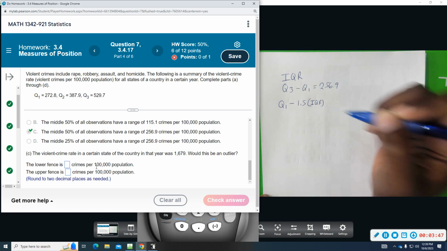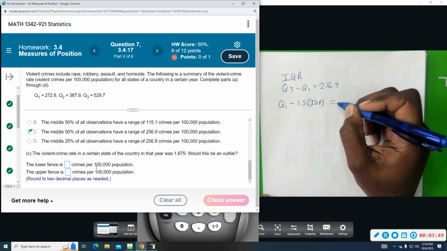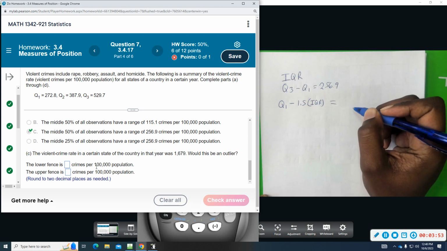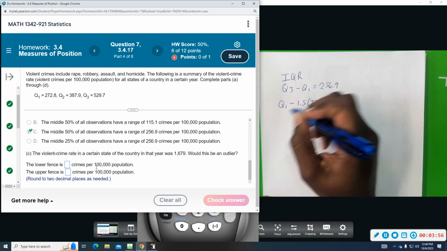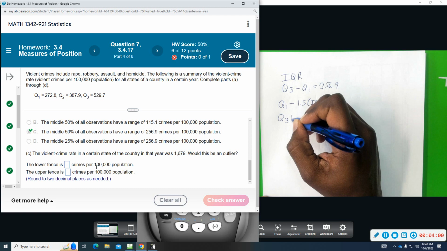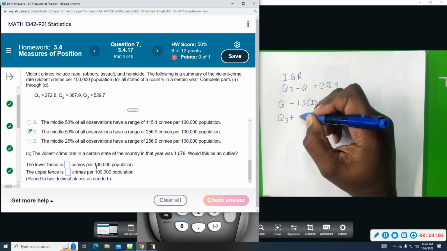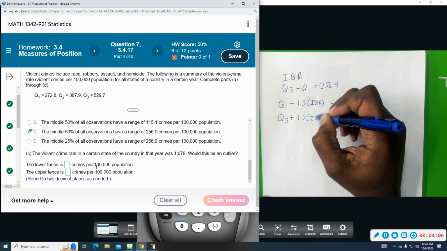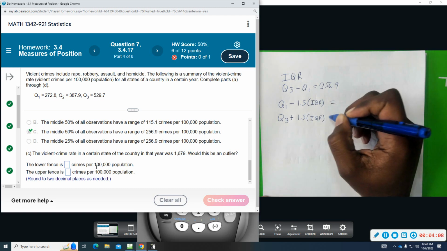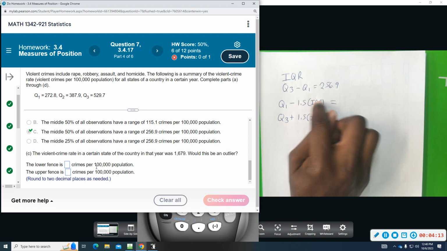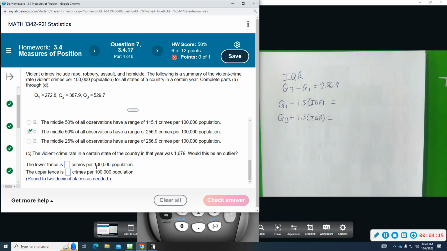Okay, so we've computed that already. This will give us the lower fence, and then to Q3 we will add 1.5 times the IQR, interquartile range, and that will give us the upper limit for an outlier. So anything below here or anything above here will be an outlier.